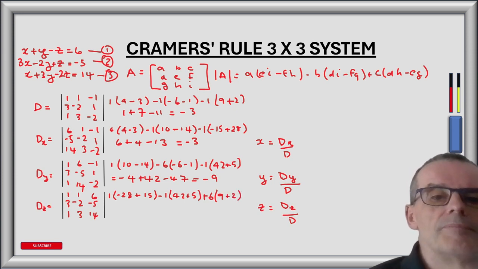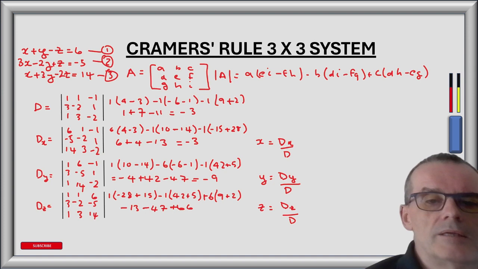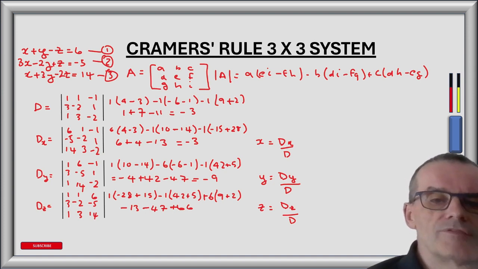So working this out, minus 28 plus 15 is minus 13 times 1 is minus 13. 42 plus 5 is 47 times minus 1 is minus 47. And 9 plus 2 is 11. Multiplied by 6 is 66. Plus 66. So we have minus 13 and minus 47 give minus 60, and then plus 66 equals 6.